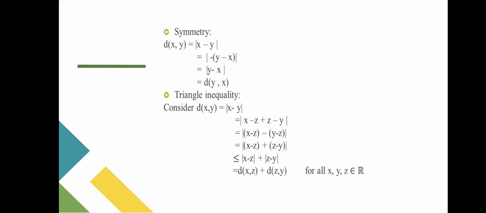Triangle inequality. Consider d of x comma y equal to modulus x minus y equal to, we add plus z and minus z.